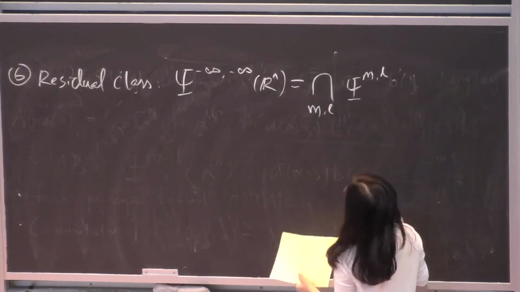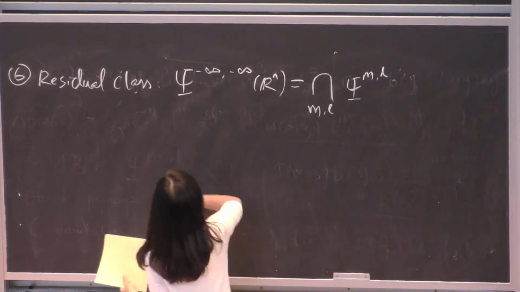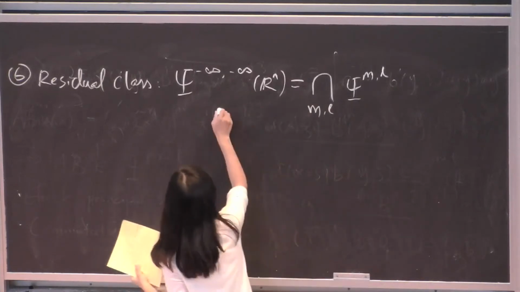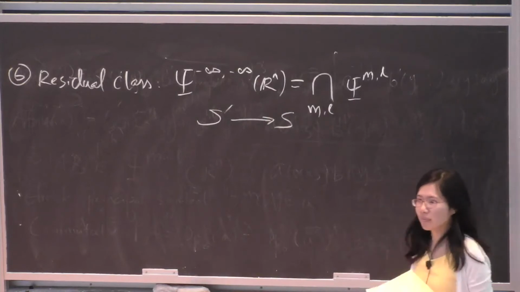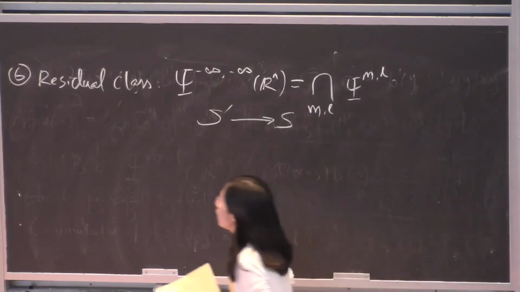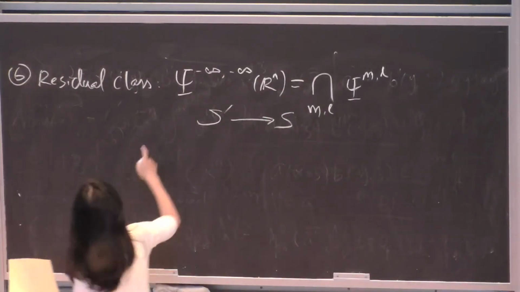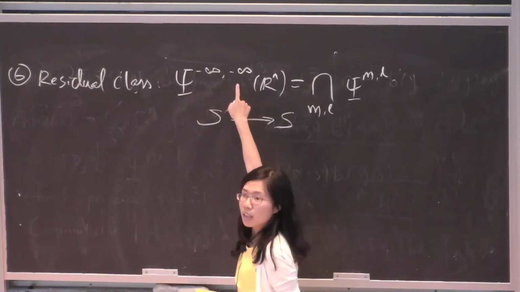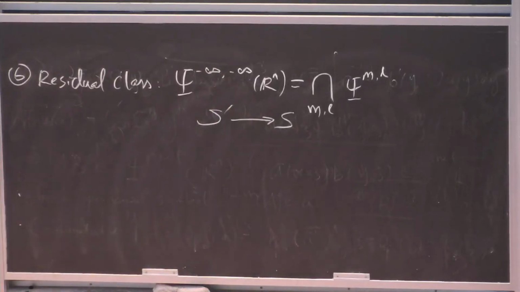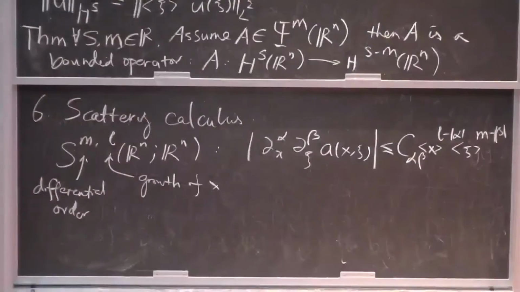Now for this one, finally I can say that this is a class that maps from S prime to S. This is because we have this extra negative infinity here, which tells me that the symbol class decays both in x and ξ. So this helps me to get this.